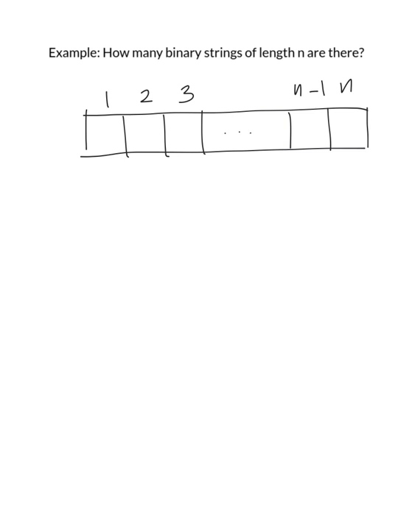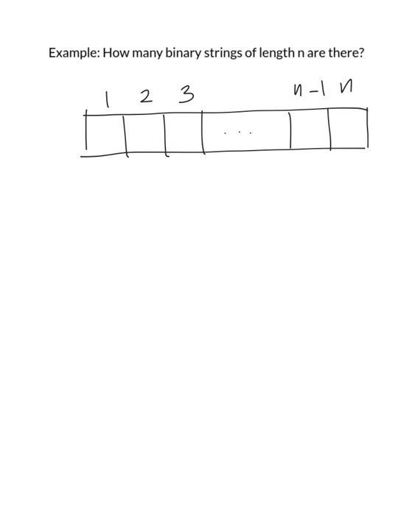Again, I repeat what we did in the previous example. In any one of these positions, we have two possibilities. Either a 0 will appear here, or a 1 will appear.